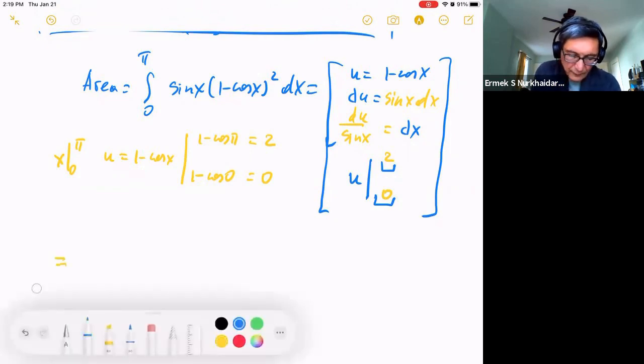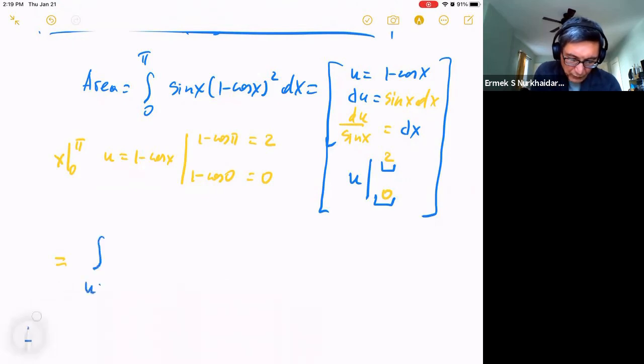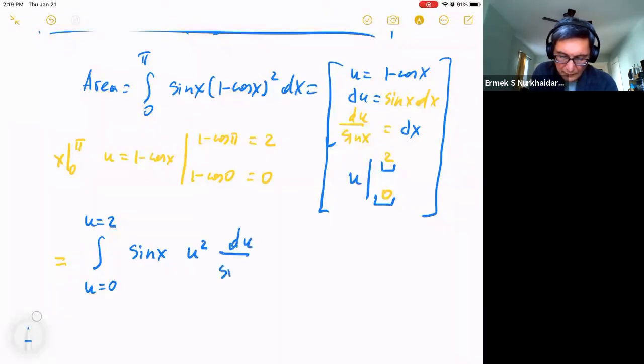We're going to get integral u equals 0, u equals 2 on top, sine x, u squared, du over sine x. Sine x will be cancelled out.